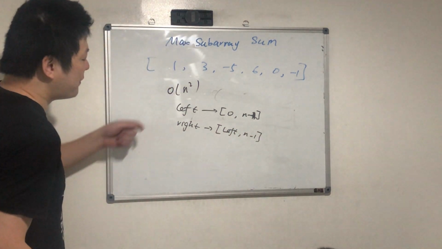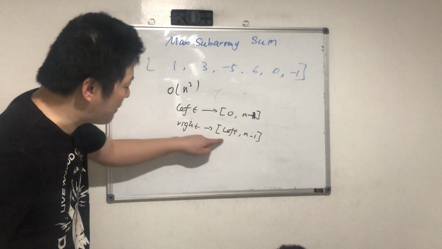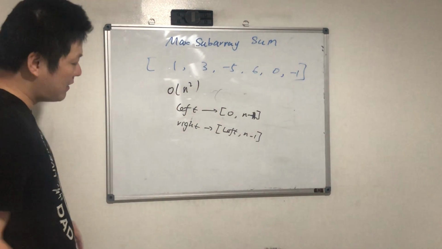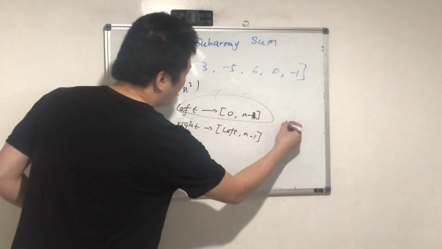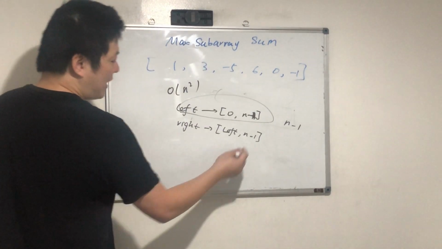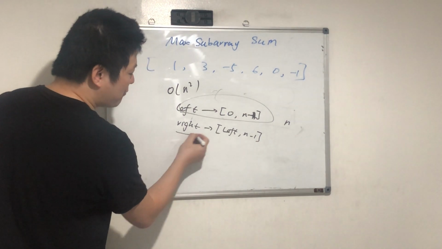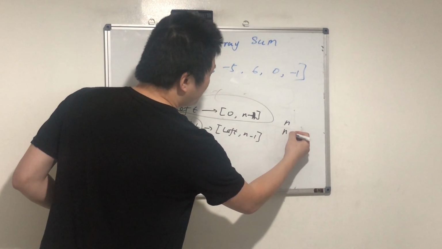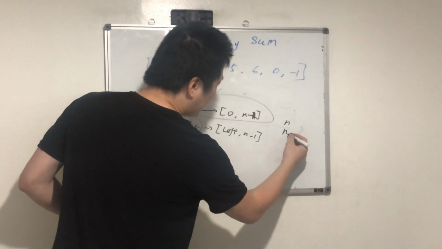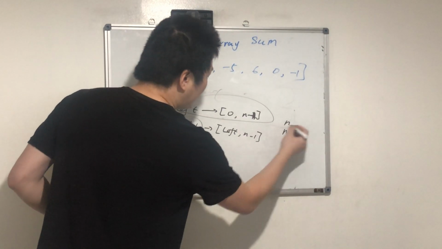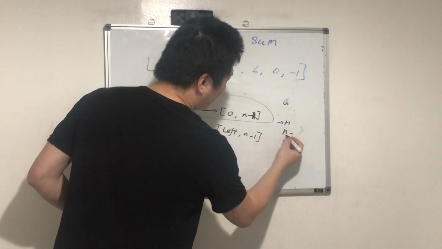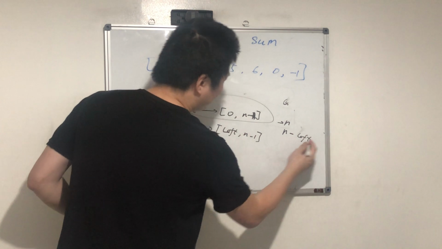So for each left there's a range of right choices.